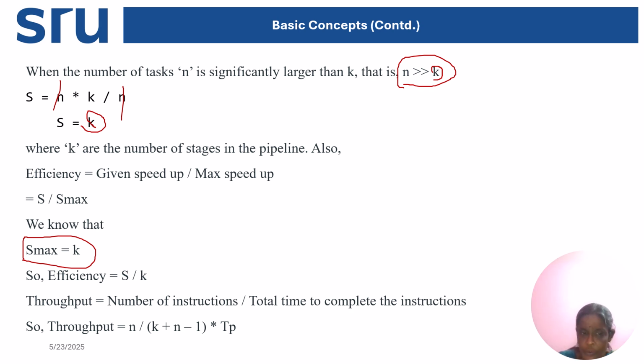It is equal to the number of instructions n divided by k plus n minus 1 into Tp, which we have already seen with the pipeline. That is the total number of completed instructions, because we have already reduced the time taken.